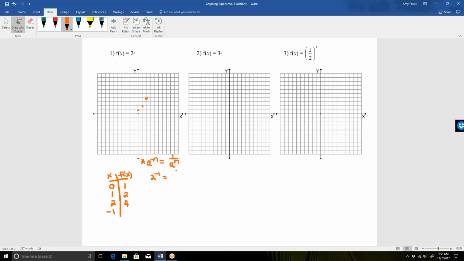So 2 to the negative first is just 1 over 2 to the first, which would just be 1/2. So this is 1/2. I'm going to make a really big t-chart here. 2 to the negative second is 1 over 2 squared, which is 1/4.